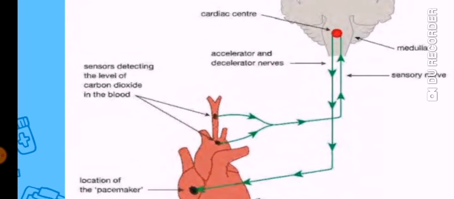This means the heart rate will decrease. So the accelerator nerve increases the heart rate and the decelerator nerve decreases the heart rate. It also reduces the force of the contractions. Blood pressure then returns to normal.